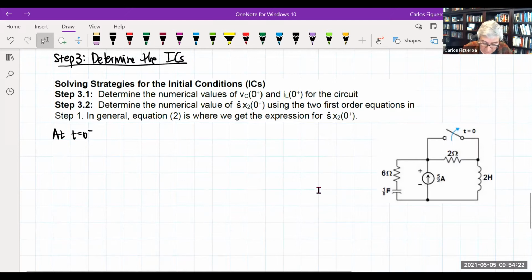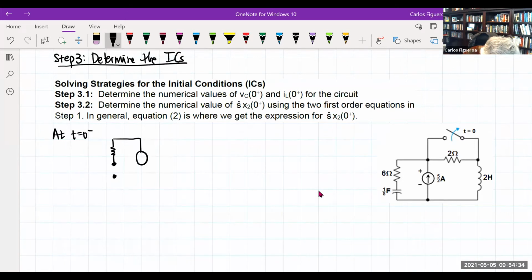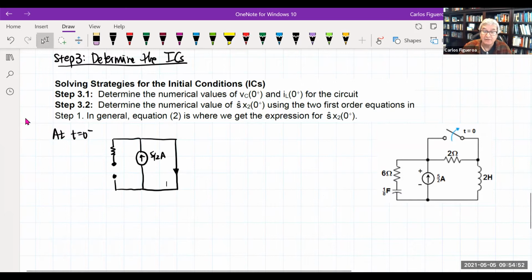So if I look at the circuit at t equal to 0 minus, you can see here that I have what? I have this guy. I have an open. I have a source. I have a shorted inductor, which means that it looks like this here. So when I look at this guy, you can see here that my inductor tells me what?